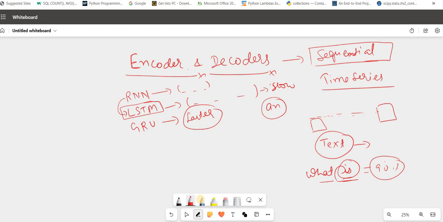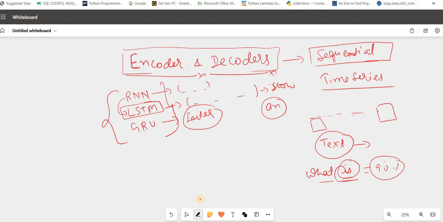But apart from these three architectures, why did we need the encoder and decoder architecture? The reason is that these architectures were not able to handle too long text.